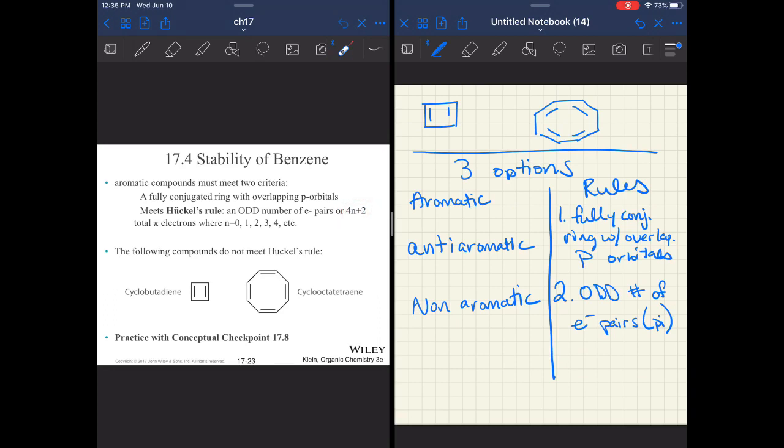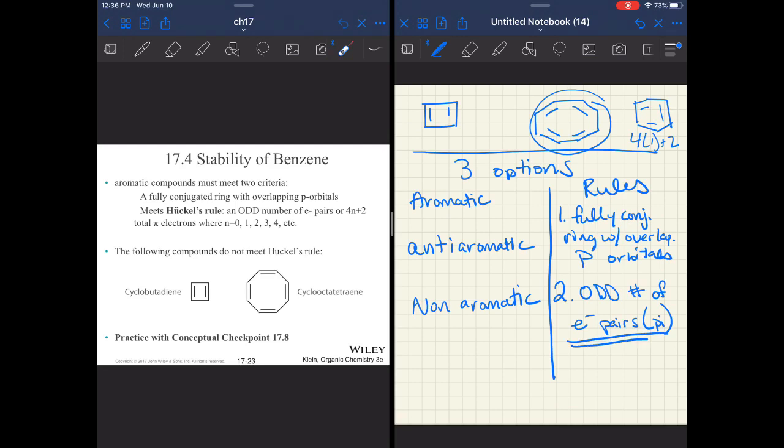So, for instance, when we think about benzene, there are 6 pi electrons. Well, that fits into 4 times 1 plus 2. Whereas we have 8 electrons here, there is not a whole number that would satisfy that. I don't think that is the easiest way to understand Rule 2.